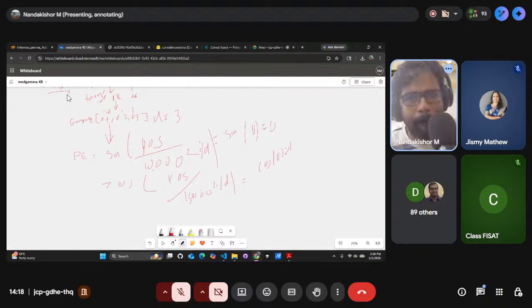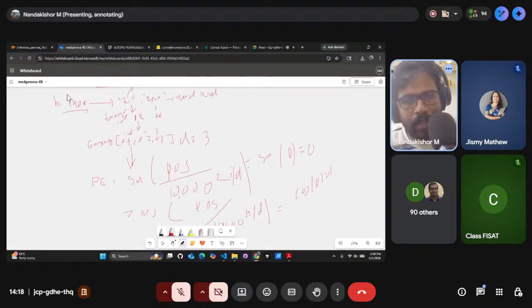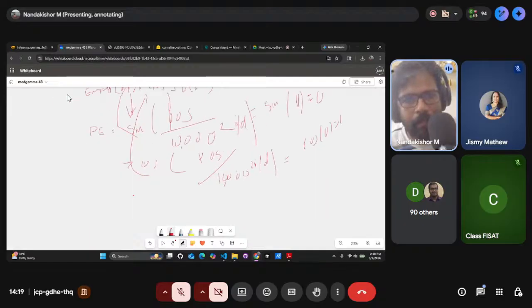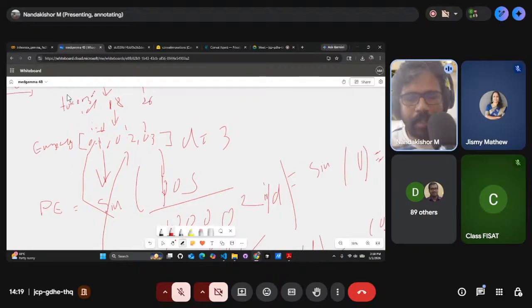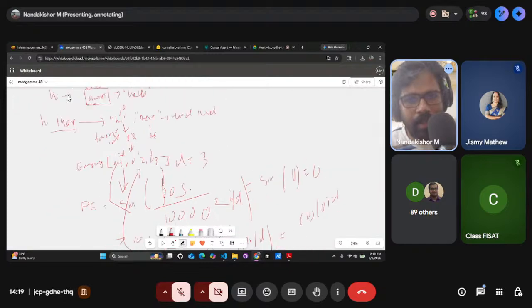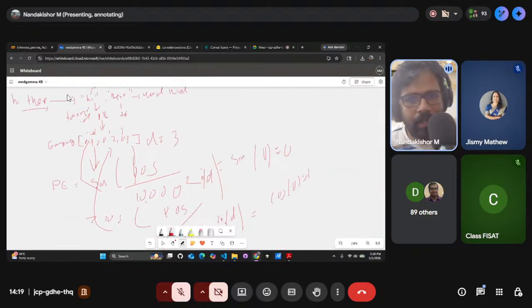It doesn't matter what value you're giving. In 2i by d, i is the location we are looking at. So i equal to 0 means the even position case, and this is for the even position vector that we'll be adding. 0 means an even number, and this is for the odd number, that is, i equal to 1.